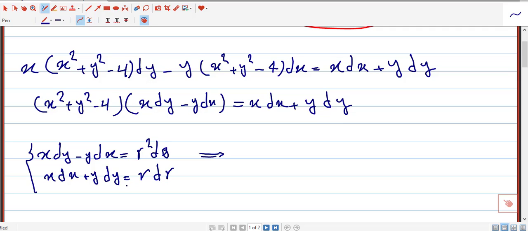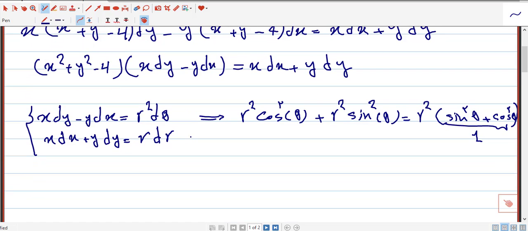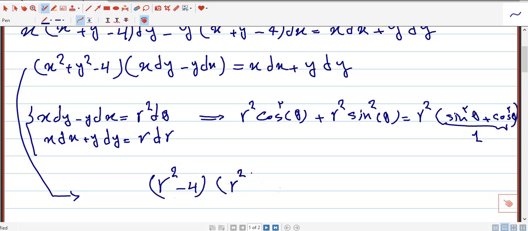I also want to mention another thing: x squared plus y squared with these variables is r squared cosine squared of theta plus r squared sine squared of theta, and we take r squared as a factor out, and sine squared theta plus cosine squared theta is equal to 1. That is why this becomes r squared. So we have r squared minus 4 multiply r squared d theta equal to r dr.